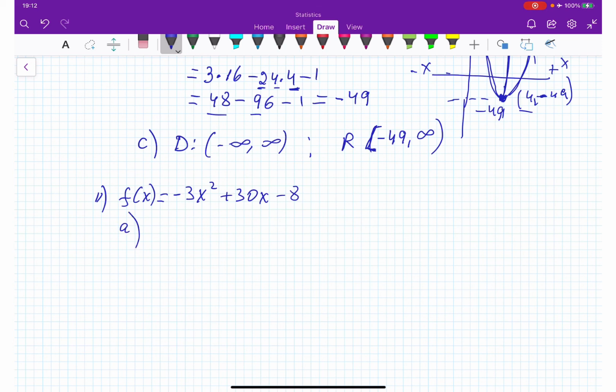Our a is equal to negative 3, which is less than 0. It's negative, not positive, which means in this case we have what, a maximum or a minimum? Correct, we have a maximum, because the graph will go like this.